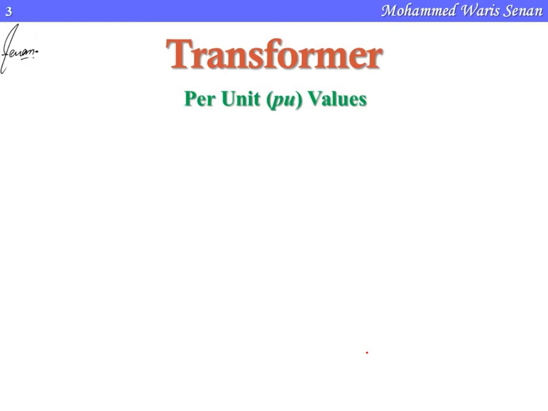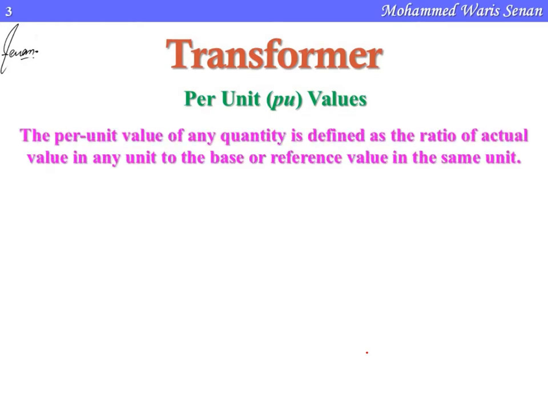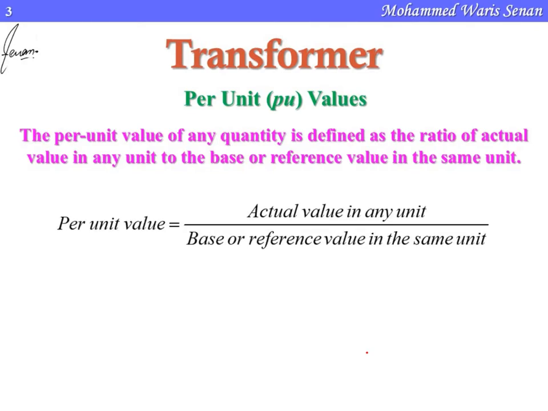Okay. So a per unit value is defined as the ratio of actual value in any unit to the base or reference value in the same unit. So if you want to write the per unit value of any quantity, it will be equal to the actual value in that unit divided by the base or reference value in that same unit.